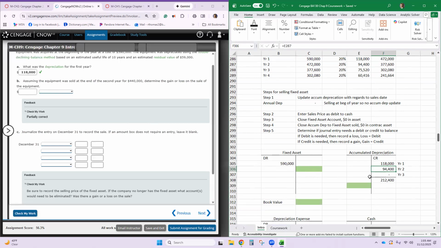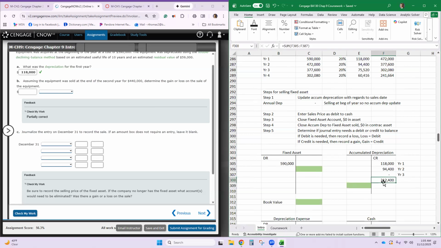So we brought that up to date. And here's how you do a sale. Steps for selling fixed assets. First, you update accumulated depreciation with regards to sale date. They're selling this at the end of the second year, so we would have already figured our depreciation.